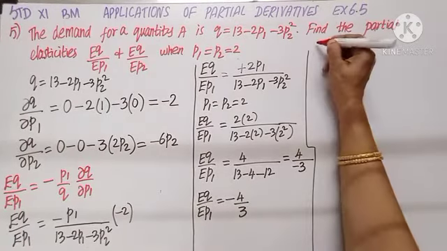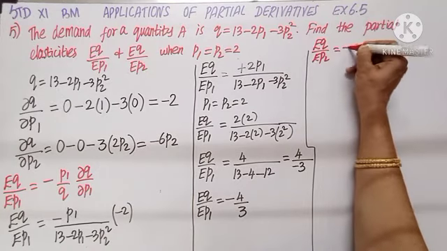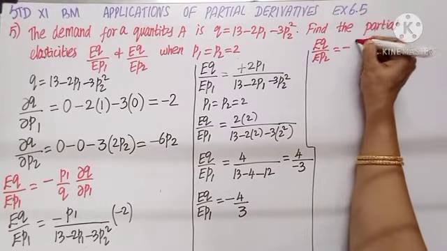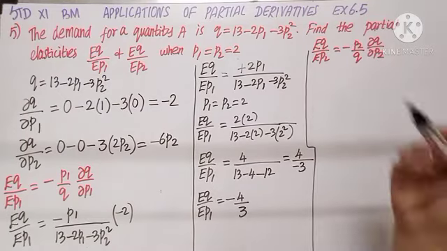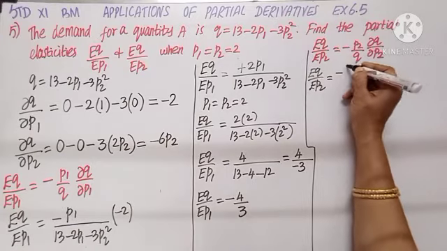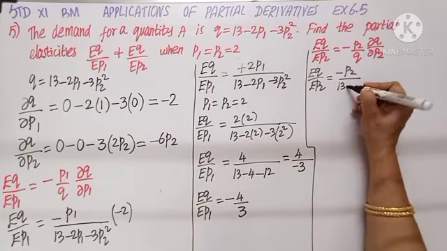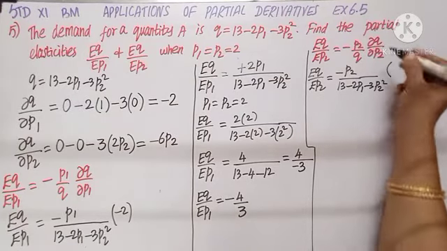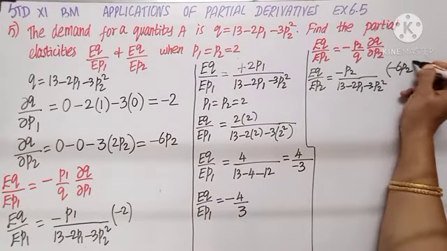Partial elasticity of Q with respect to P2. The formula: minus dou Q by dou P2, reciprocate P2 by Q. As I substitute, EQ by EP2 equals minus P2 by, what is Q from the question, 13 minus 2P1 minus 3P2 square, into dou Q by dou P2 which is minus 6P2.